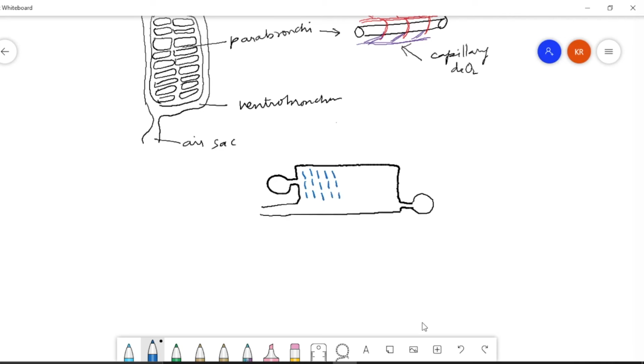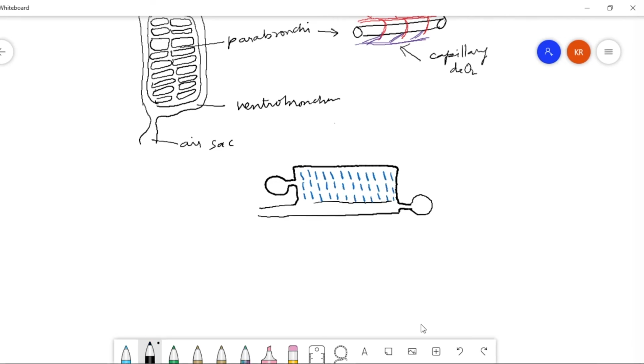Let us assume that these are the tubes of the parabronchi. This is the bronchus. This is also the bronchus.